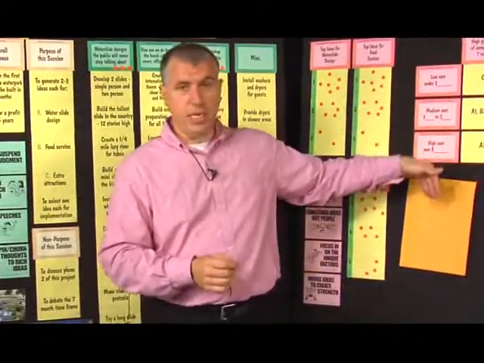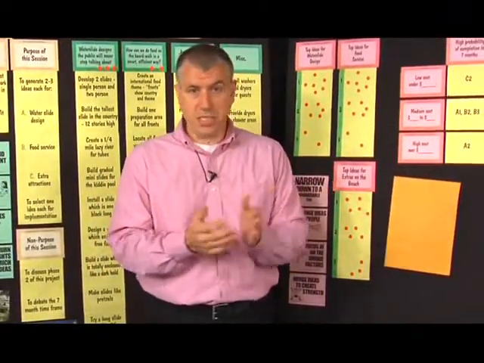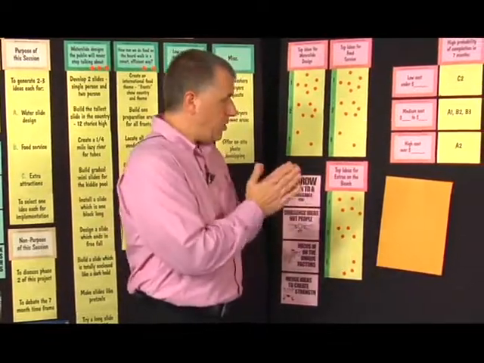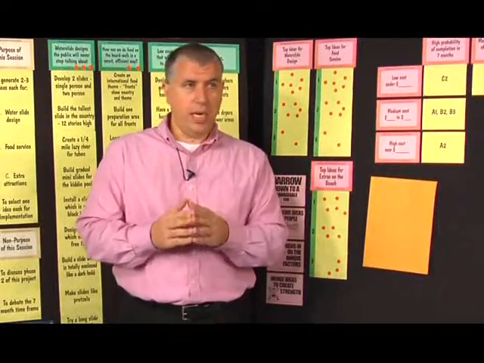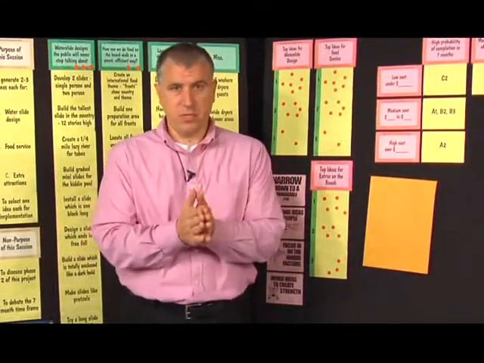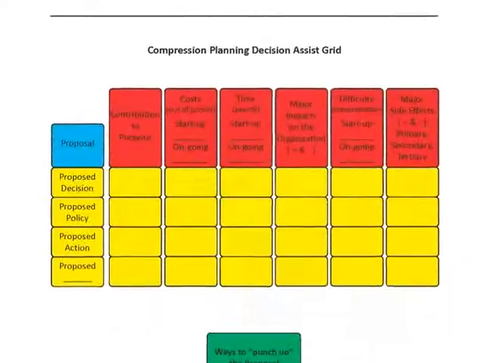How about if we put it in here? We could come back to it in 6 weeks, 6 months. Every card that makes it into a retrieval envelope becomes a part of every session report that we generate. On page 86 is something that is really helpful. It's called a decision assist grid.